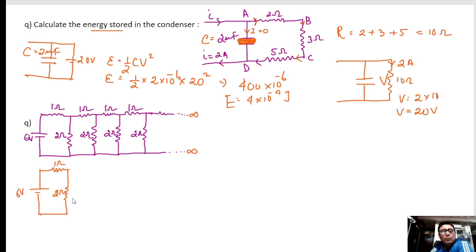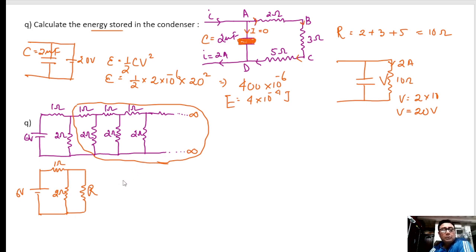See, this 1 ohm and 2 ohm are getting repeated every time, so the resistance you connect will be the combination of this part. Let this part be R.